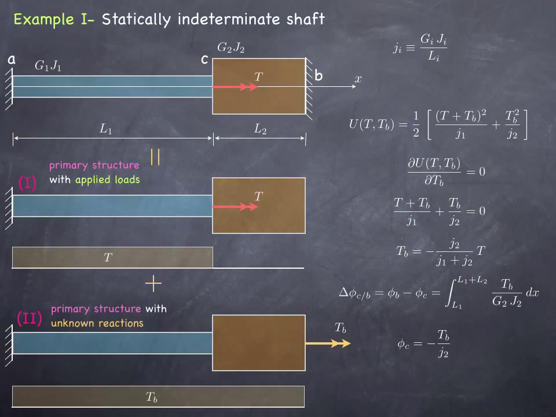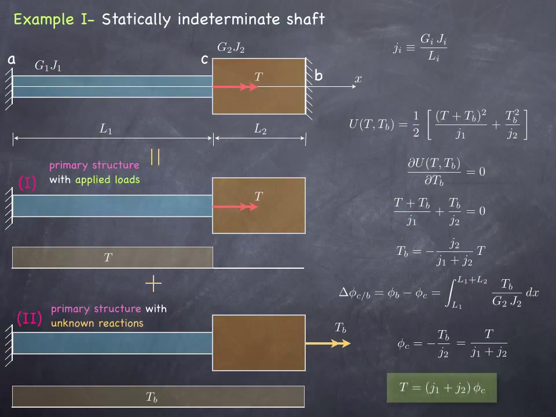The torque diagram in those segments is simple, it's merely TB. Since I know what TB is in terms of T, I can plug it in and obtain the result. This tells us that phi C is equal to simply T over J1 plus J2.